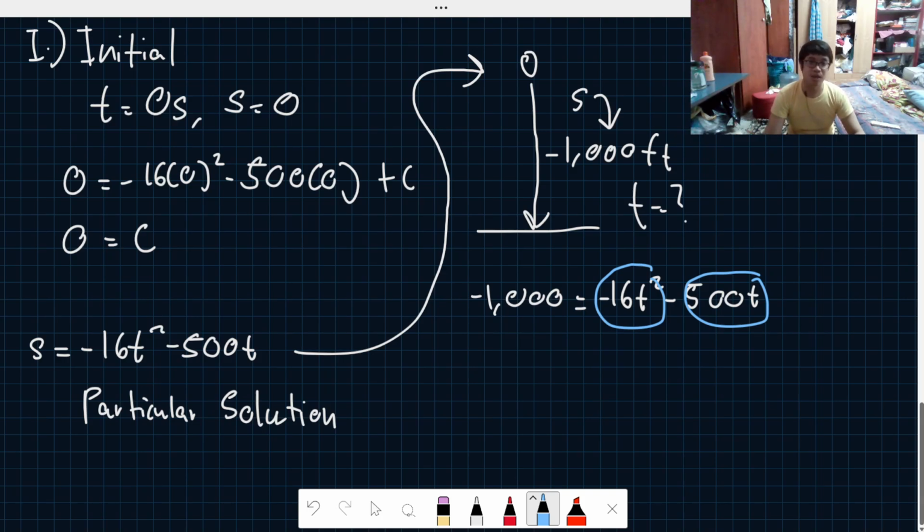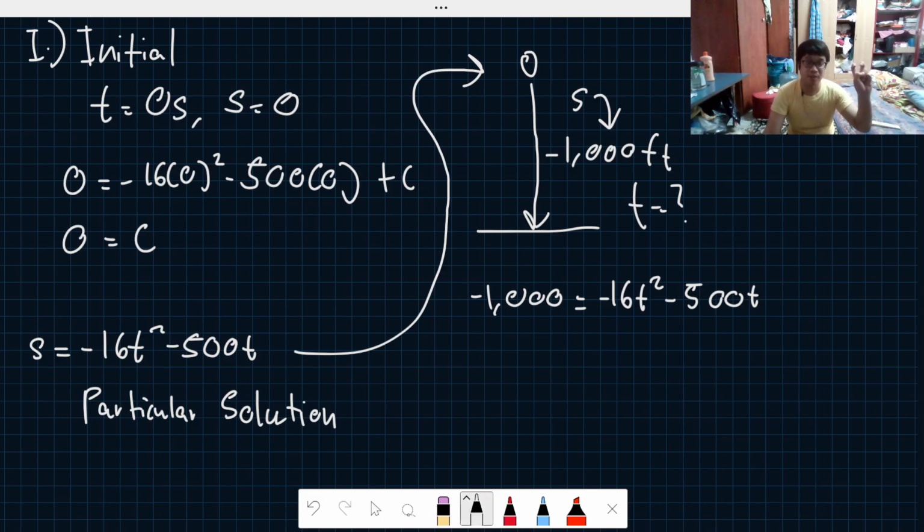If you see a second degree term, an exponent that is squared, and the next term is t, which is first degree, meaning the exponent is only one, that means you're going to solve a trinomial.